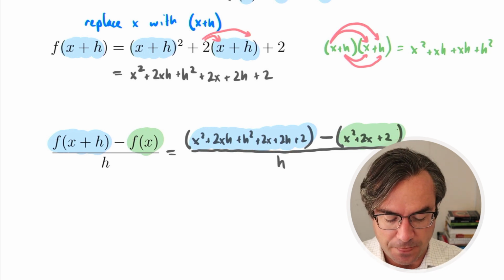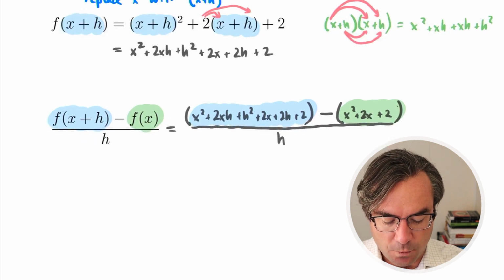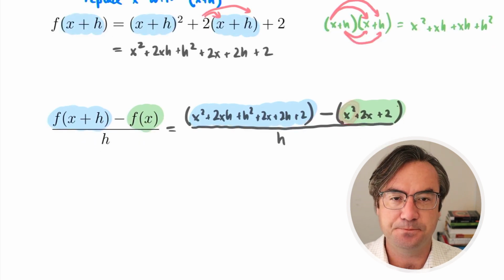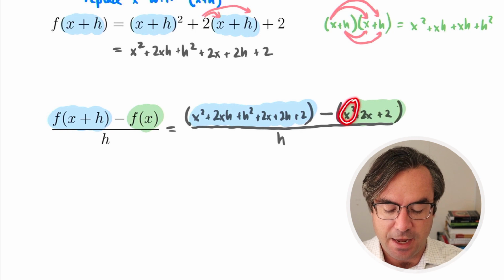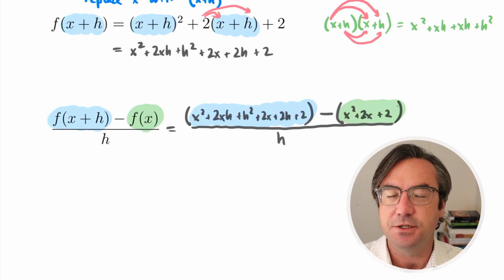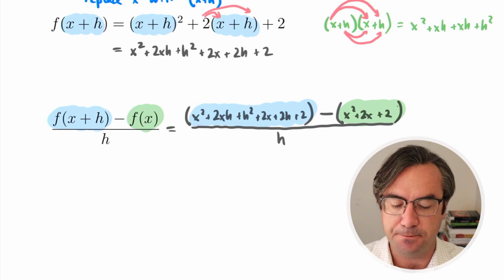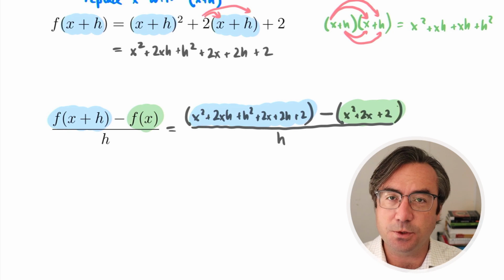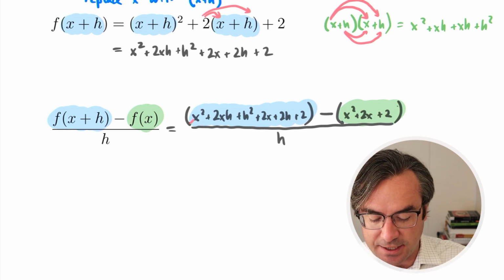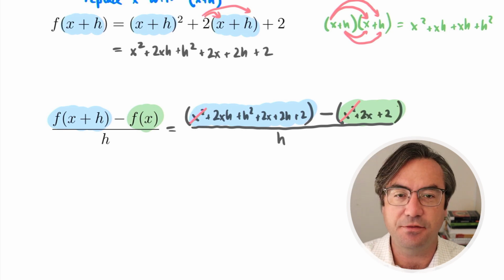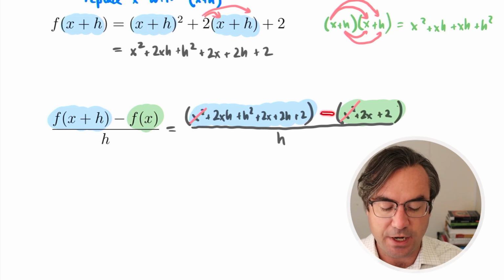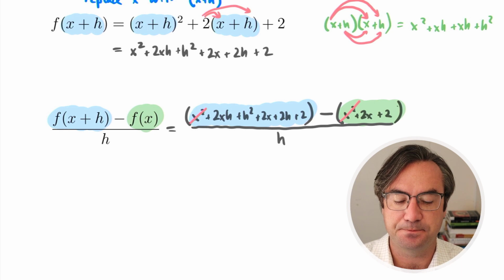All right, so let's start with this term here. So we have an x squared, and then we want to look over here to see if there's any x squareds. And we see one right here. Because we're subtracting, this x squared here is going to cancel off that x squared. Again, we're subtracting here. That's why they get canceled.